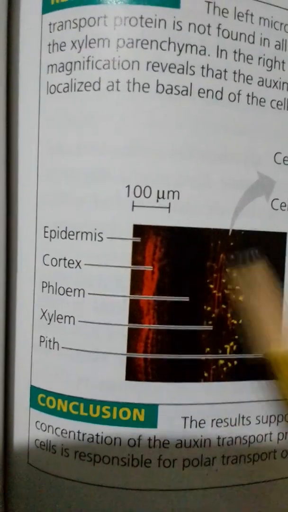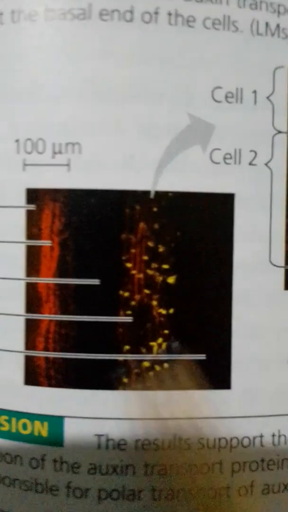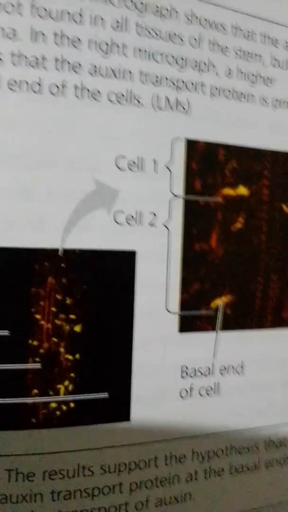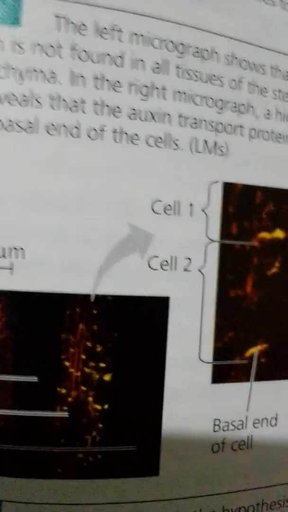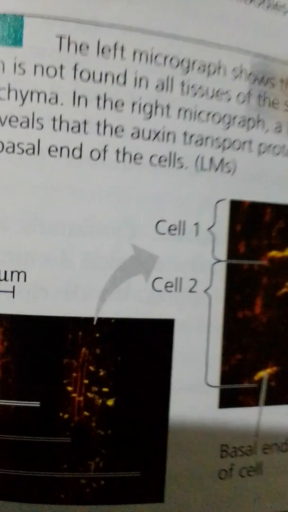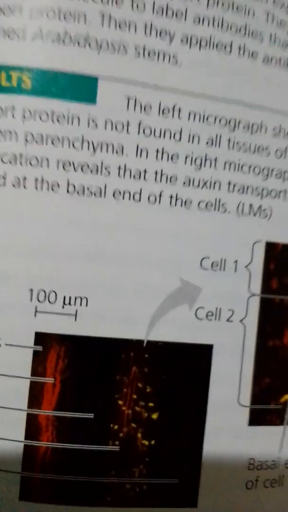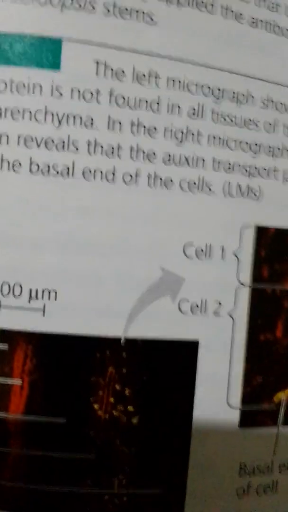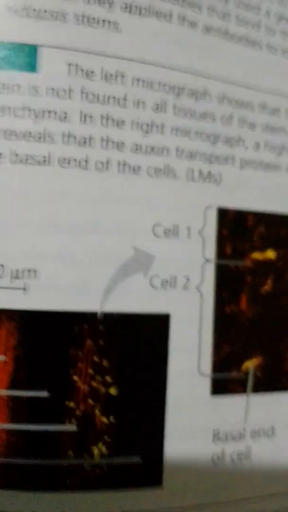Notice the epidermis, cortex, phloem, and xylem pith. Notice the basal end of the cell. Conclusion: the results support the hypothesis that concentration of the auxin transport protein at the basal ends of cells is responsible for polar transport of auxin.